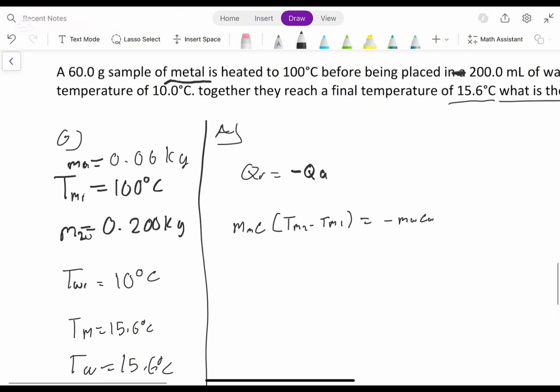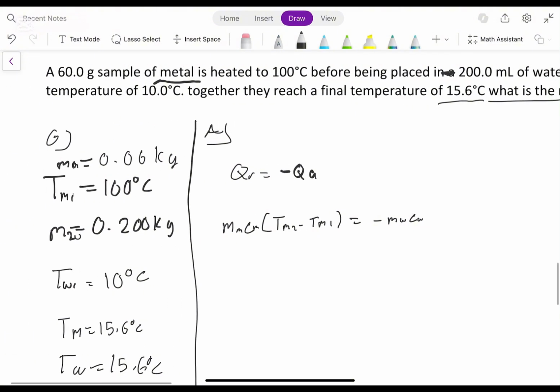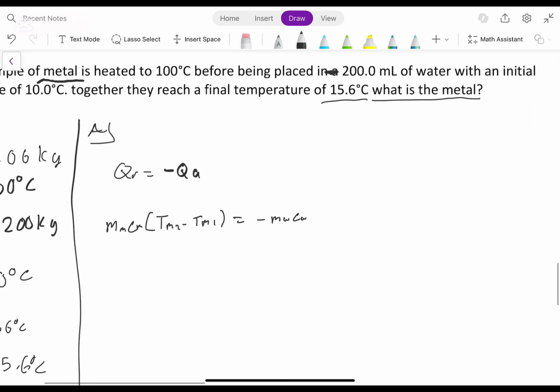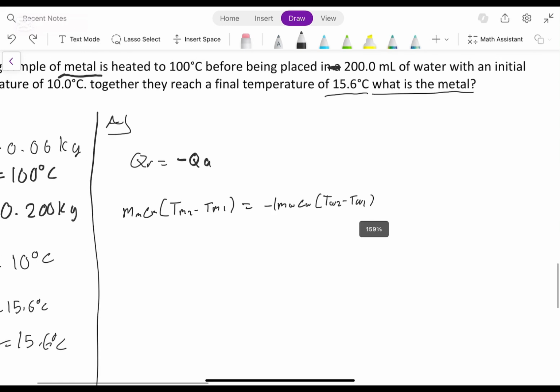You can put CW as well. It's probably better to keep your subscripts all the same, really. And we can leave this negative hanging up front for now, and then we can put TW2 minus TW1. You don't divide anything, but that's what we have so far.